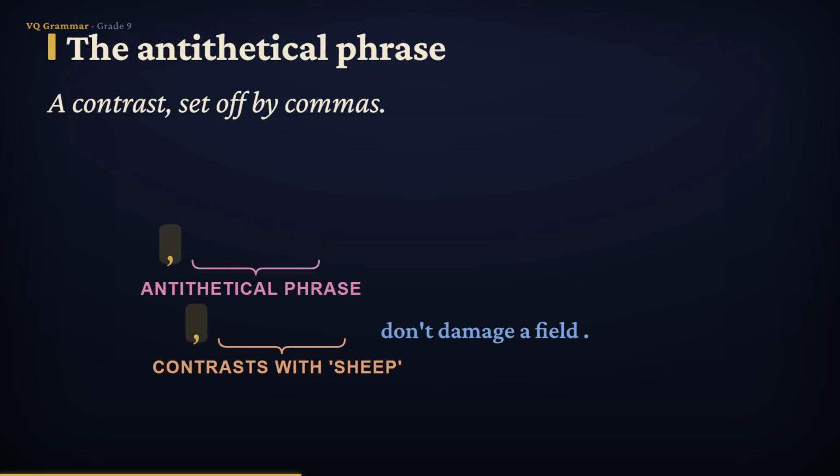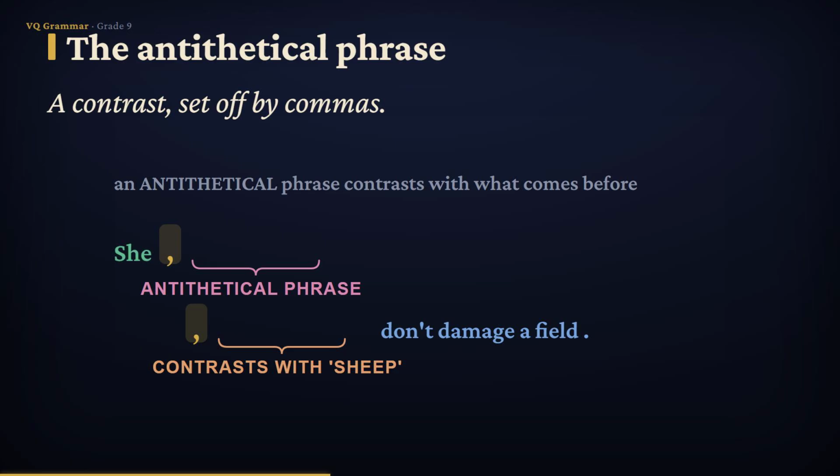Now for that second use I promised you, the antithetical phrase. Antithetical just means opposing, and an antithetical phrase is a little phrase that qualifies or contrasts with what comes right before it. We set it off with commas. Listen. She, not Michael, should have been elected. That phrase, not Michael, pushes back against she.